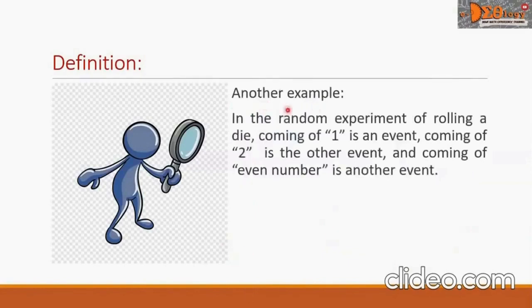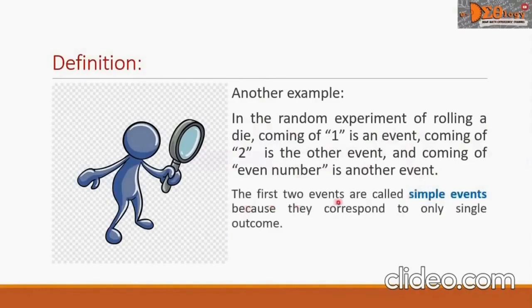Another example, in the random experiment of rolling a die, coming of one is an event. Coming of two is the other event. And coming of even number is another event.